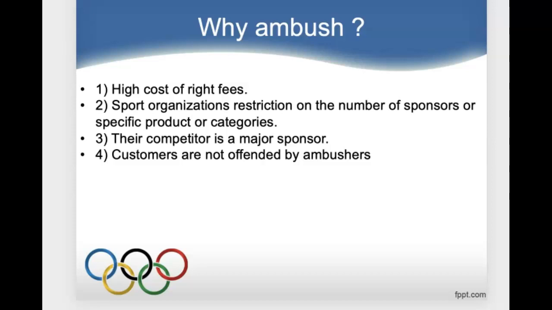Many companies really want to become Olympic TOP sponsors, right? They have to spend not just millions, but $1 billion to become an Olympic TOP sponsor for 4 years, and then they're able to associate themselves with the Olympic Games and promote themselves internationally.